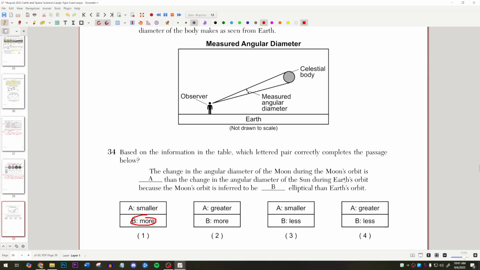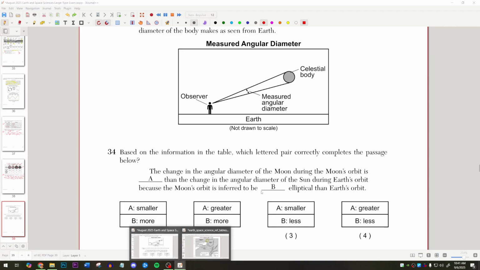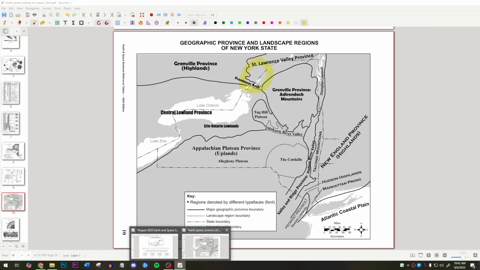Oh, I'm doing this wrong. So A is greater than, so it's either going to be this or this one. And then, because the moon's orbit is inferred to be, first of all, let's get B. Watch how we're going to do this. The moon's orbit is less elliptical than the Earth's orbit, so we've got to check that.